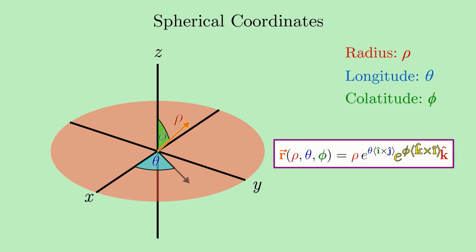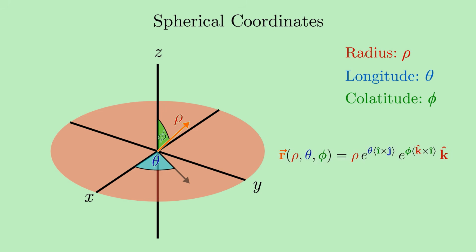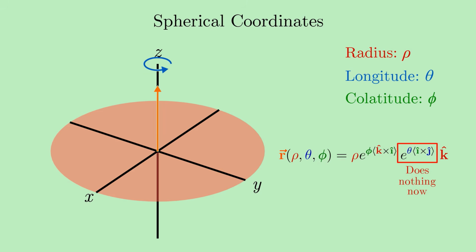So the phi rotation happens first, followed by the theta rotation, and then the scale by ρ. The order is actually critical in this case, since swapping the theta and phi rotations will result in a totally different transformation. Specifically, the theta rotation will get completely ignored, since rotating k hat about the z-axis leaves it unchanged.